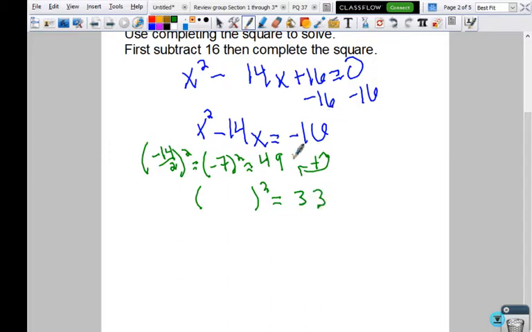Then inside this parenthesis, I will have x, or y, or whatever your variable is, and next to it the first step you did right there, minus 7. And then we're going to square root it and solve it just like a regular complete the square problem.